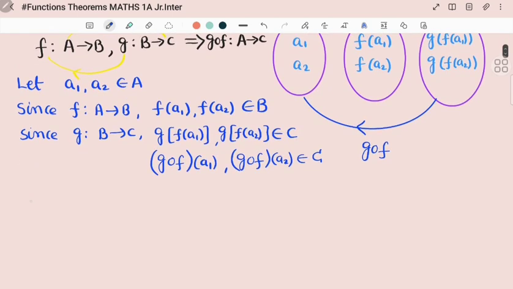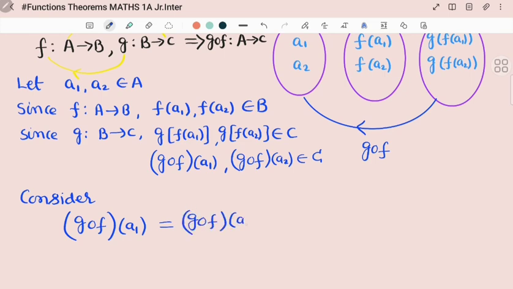Now consider g circle f of a1 is equal to g circle f of a2. So this implies that g of f of a1 is equal to g of f of a2.